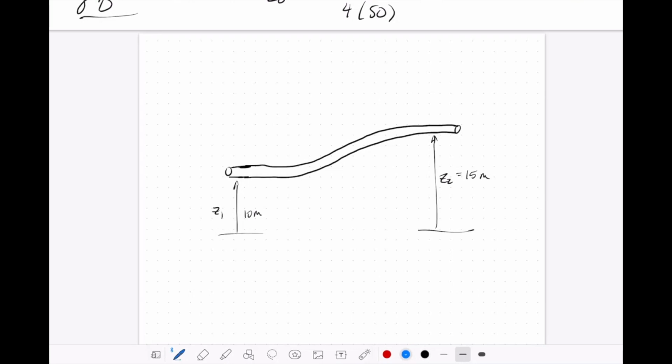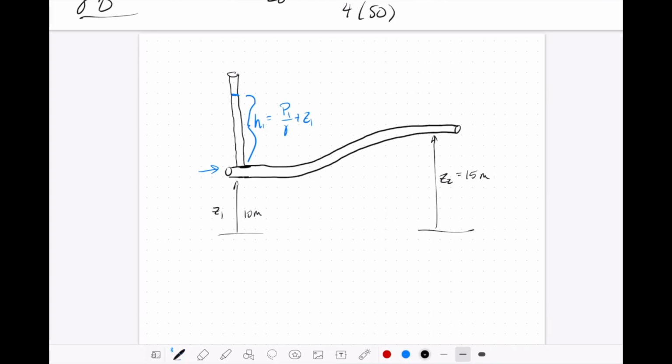So if we were to put a pressure tap right at point 1, it would fill up to some point up here. H1 would be equal to P1 over gamma plus Z1. And that would be our hydraulic pressure head.